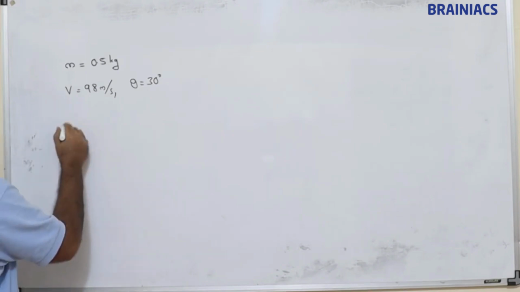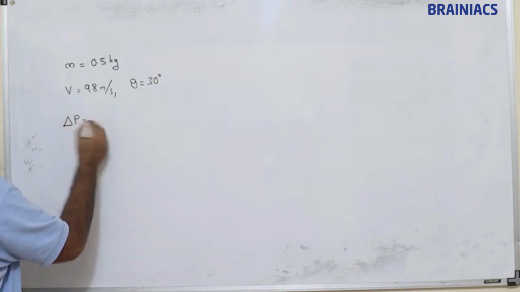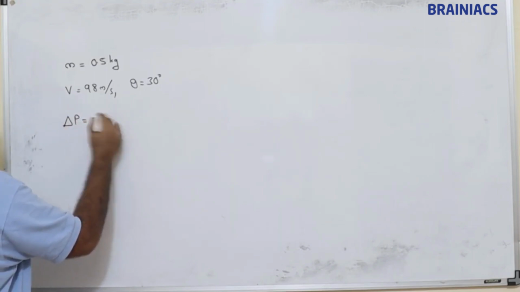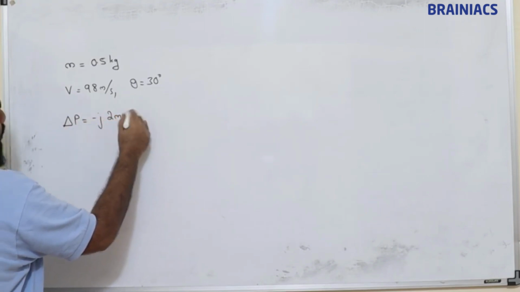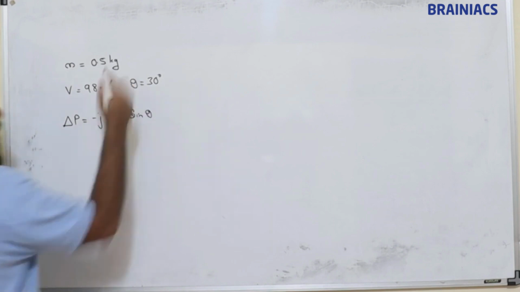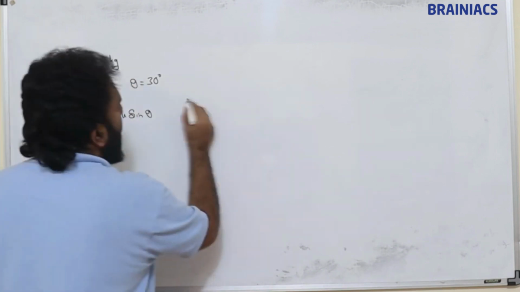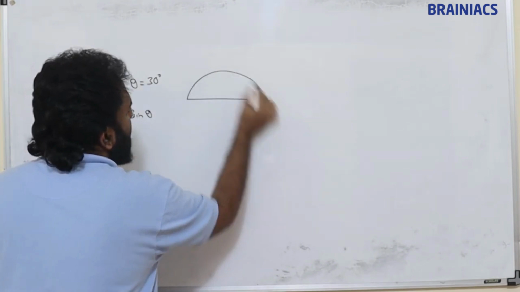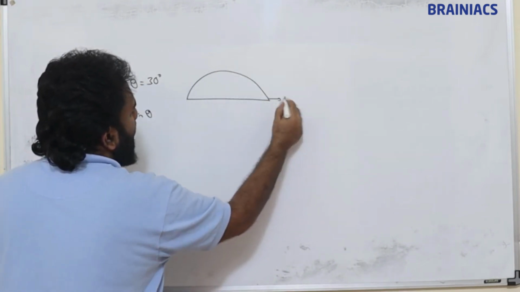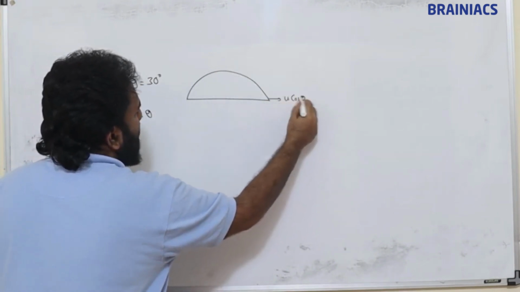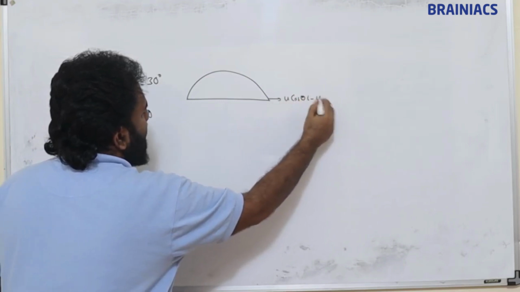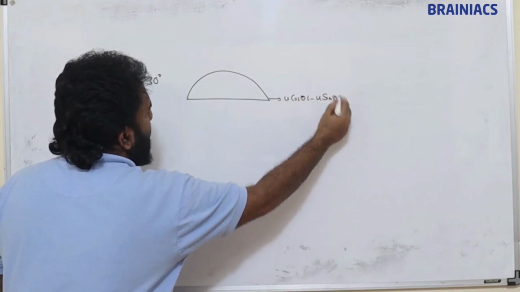So change in momentum, delta P, is equal to minus j into 2mu sin theta. If you forgot that, just take it. The final velocity is u cos theta i minus u sin theta j.